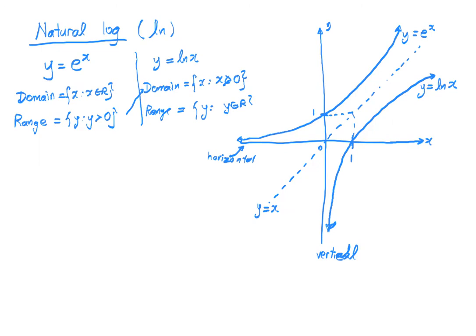The simplest. So, for this exponential, we have the y-intercept. For the natural log, we have the x-intercept. For this simple natural log and exponential function, there's no y-intercept, but there's an x-intercept.